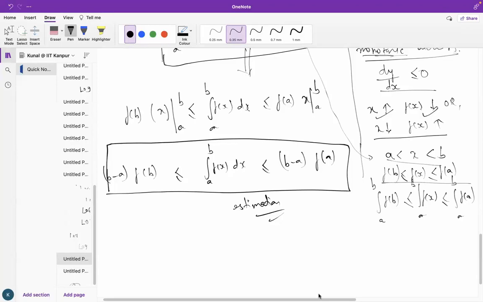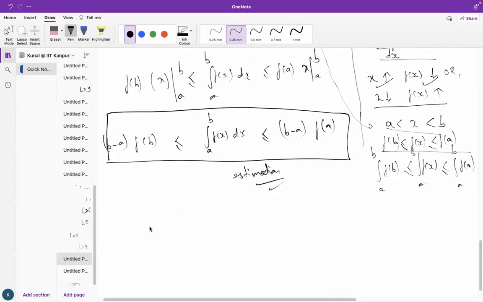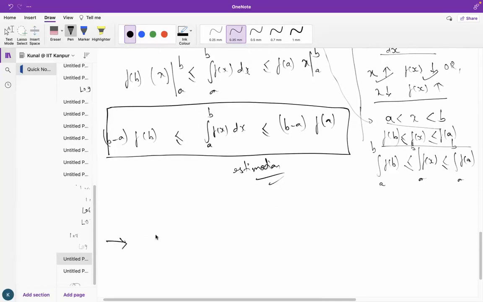Okay, so now move on to some noted points. If g of x, any function, is less than or equal to f of x, and less than or equal to h of x, these are functions of x, for all x belongs to a to b, you all know this symbol, which represents belongs to, from a to b.